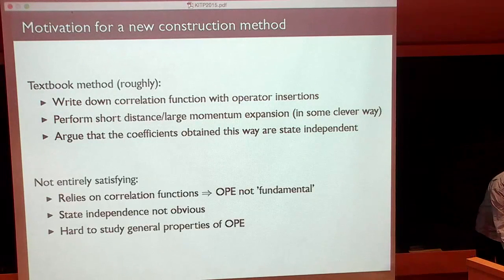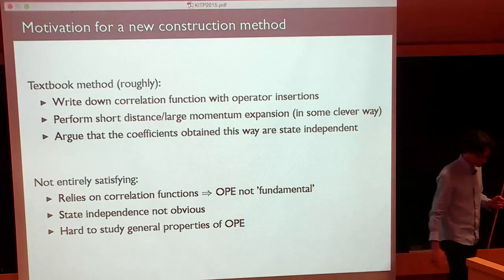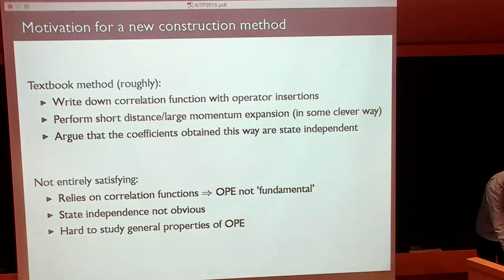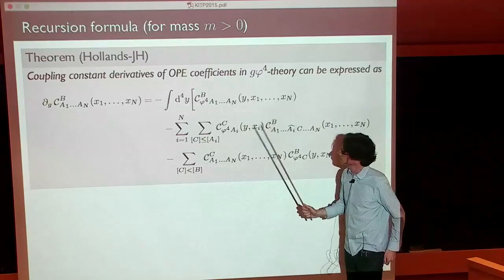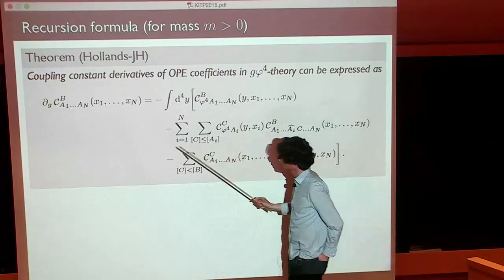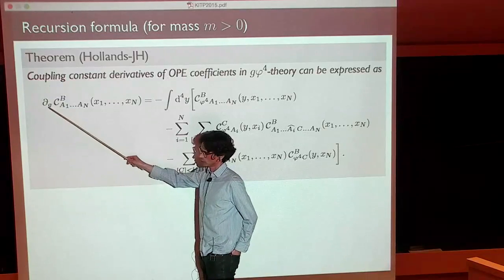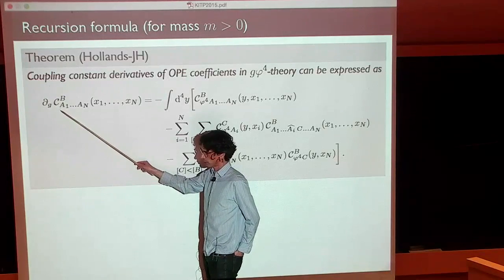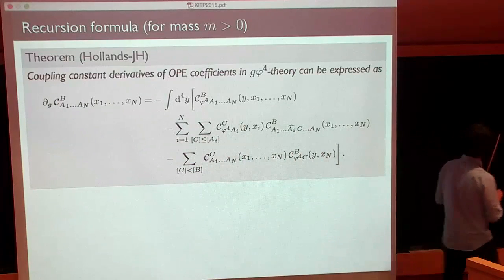But I want to point out there's a way to get these operator product coefficients just from themselves in some sense. There's a nice recursion formula, and it is the following. G is the coupling constant. This is a statement about the derivative of an OPE coefficient with respect to the coupling constant G.